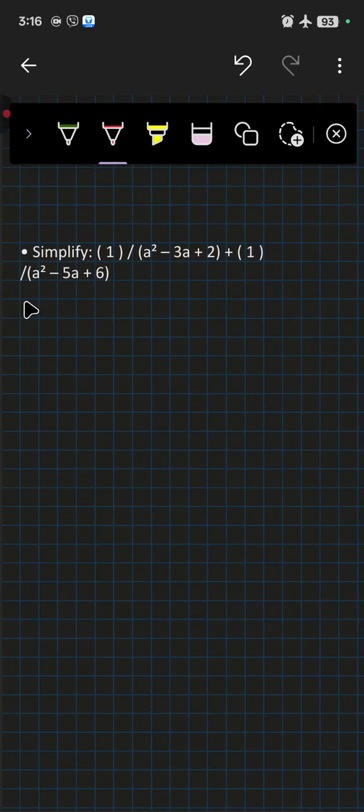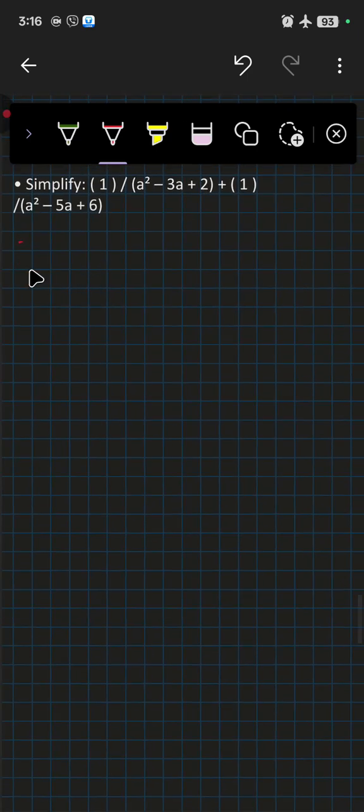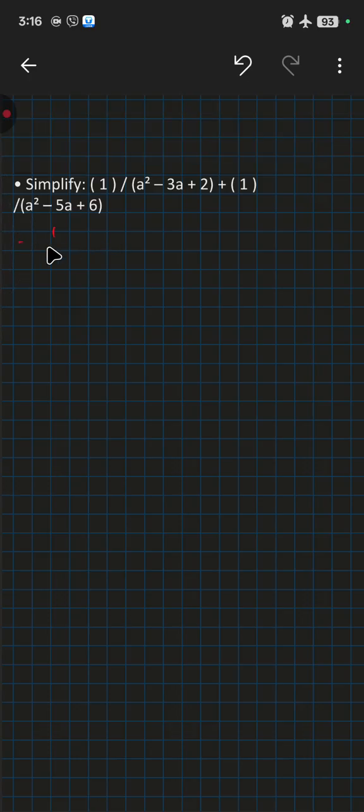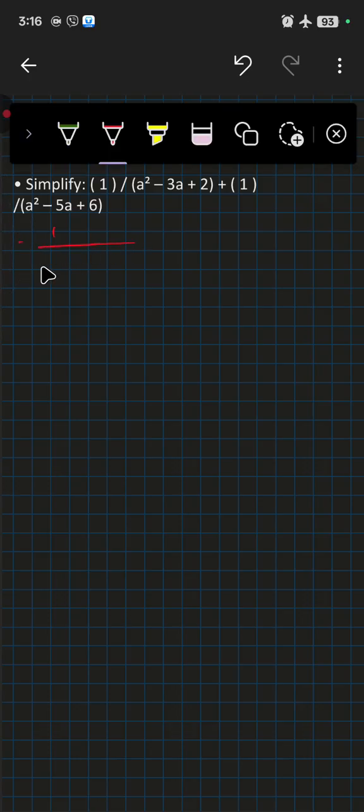Here we have the question 1 upon a square minus 3a plus 2 plus 1 upon a square minus 5a plus 6. Now let's do the middle term split method.